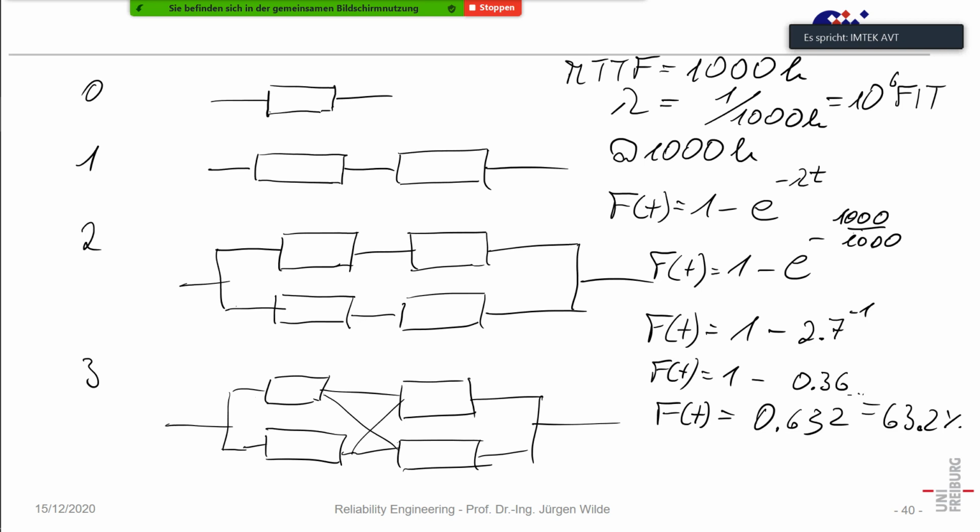Anyway, you can compute that, but on the other hand, you should just know when you're at the mean time to failure, then in the case of a Weibull distribution and in the case of an exponential distribution, it is always 63% failed.